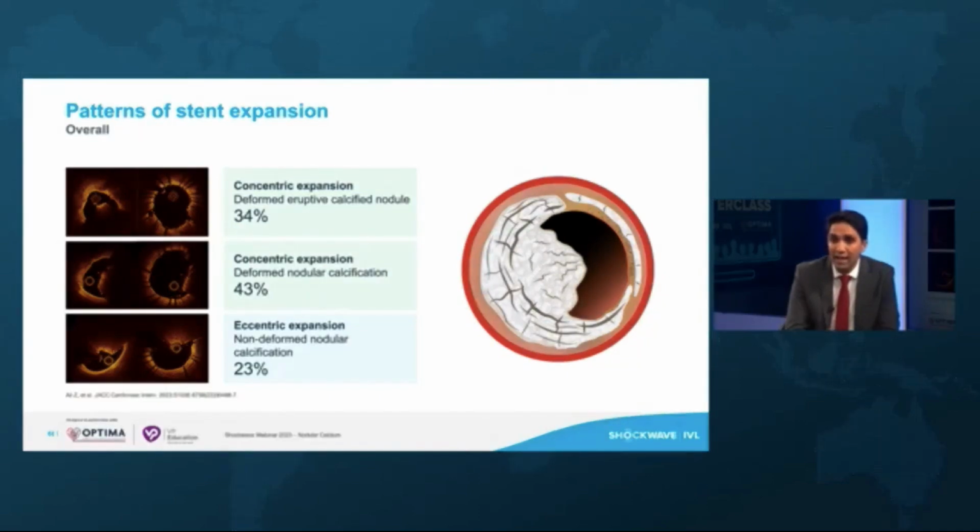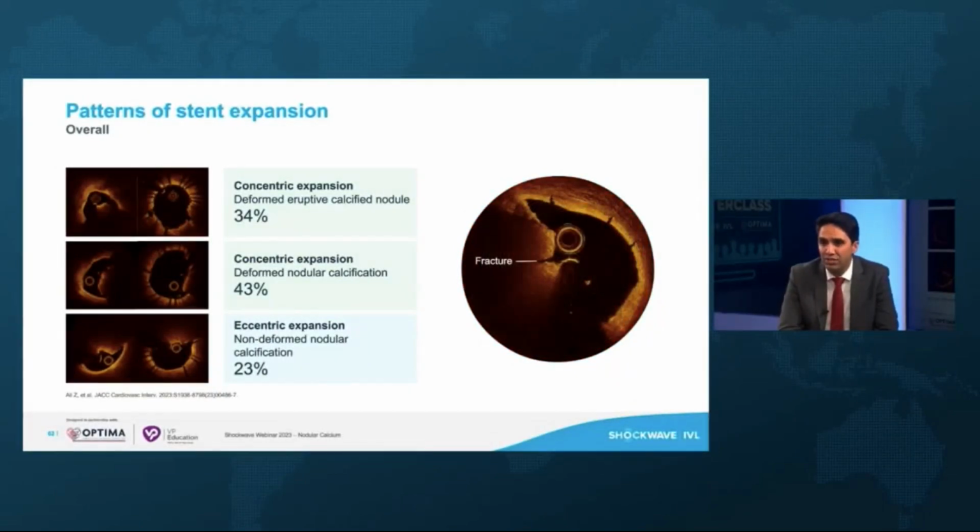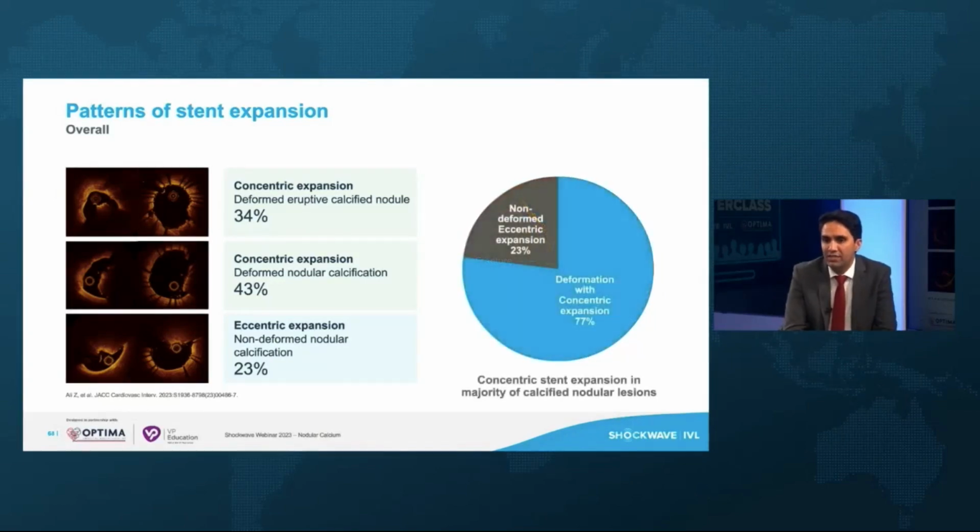So in English, what that essentially means is that almost 80% of calcified nodules treated with IVL were either deformable or became deformable, leading to excellent stent expansion. This is a really important message to take home. Almost 80% of calcified nodules treated with IVL had evidence of deformation with concentric expansion.